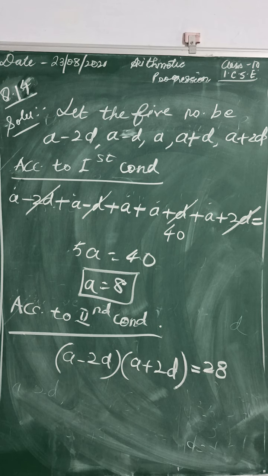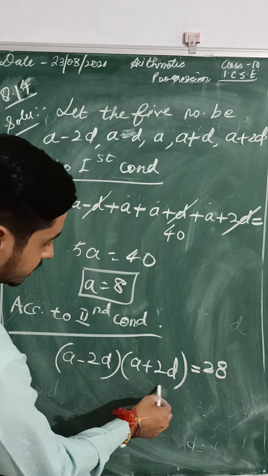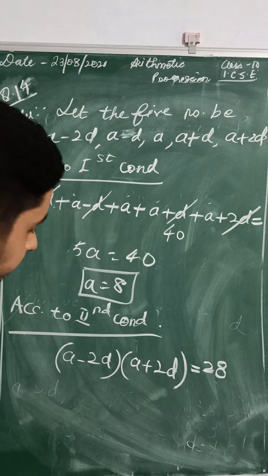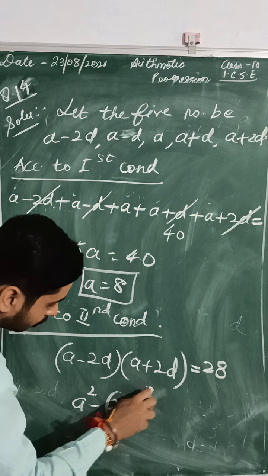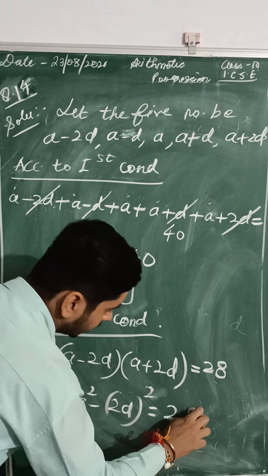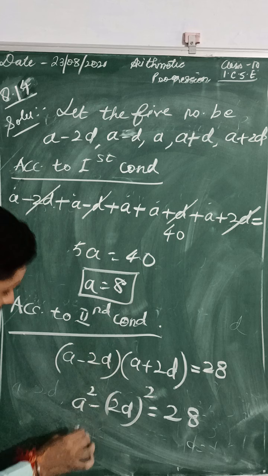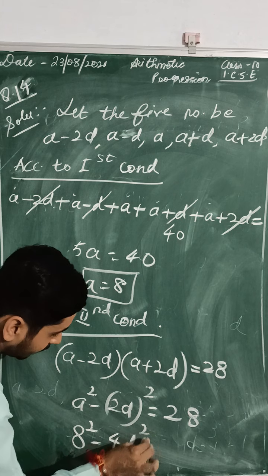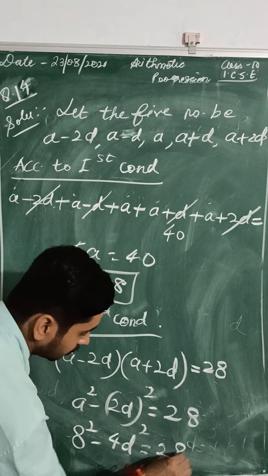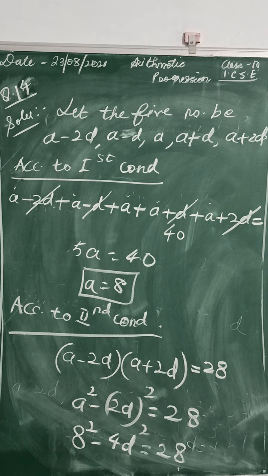Okay, so a minus 2d, a plus 2d, here is the identity, so that is a square minus 2d the whole square is equal to 28. So a square, in place of a we can put 8 square, minus 4d square equal to 28. 8 square is 64.